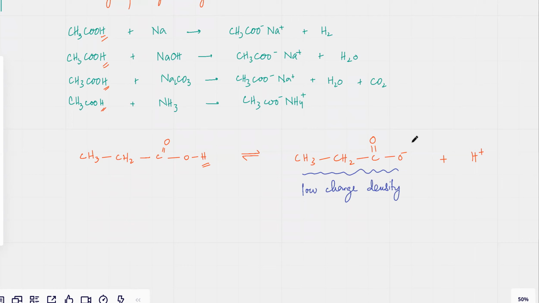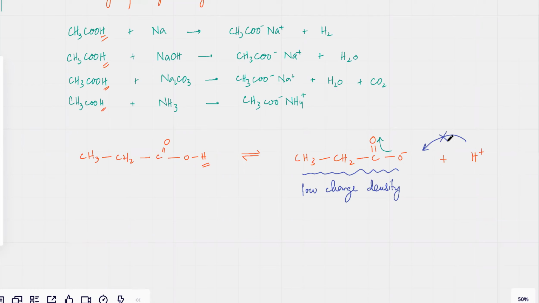Now, why does it have a low charge density? Why is the negative charge density not so concentrated at this point? Why doesn't it attract the H+1 back again? At the moment it's behaving as a good acid, not attracting the H+1 back that strongly. The reason is this C double bond O, because there's another oxygen over here, which is very electronegative. The H went away, leaving its electrons over here, and the negative charge was all concentrated at this point.